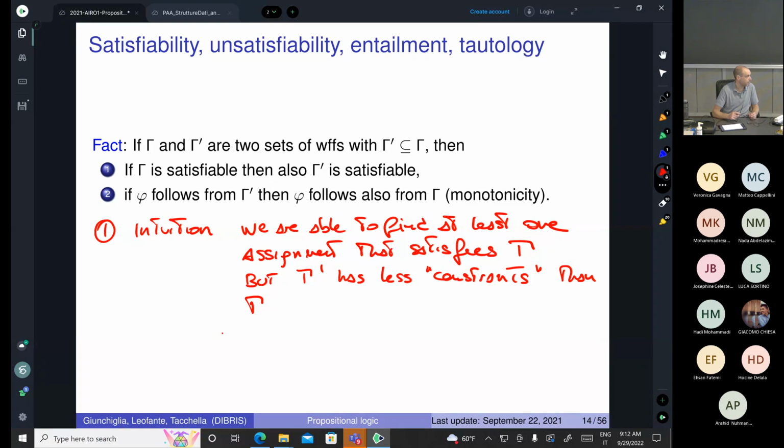Another way to remember this is that when the set of formulas becomes smaller, the potential models become bigger. The fewer the formulas in gamma, the more the models could be.